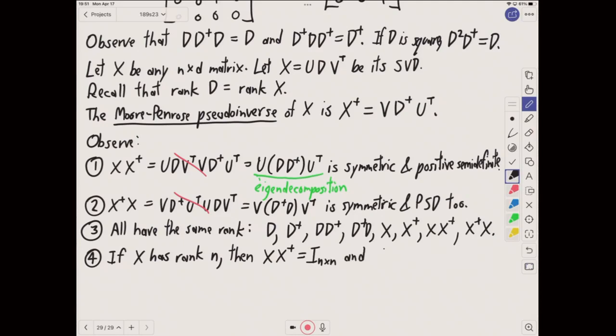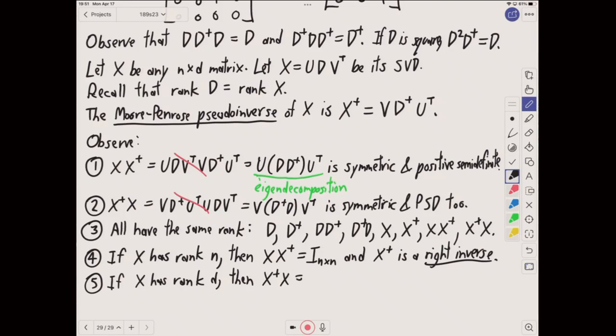And so in that case, it makes sense to call X plus a right inverse of X. Symmetrically, if the rank of X is d, then X pseudo-inverse times X is also going to be an identity matrix. And so it makes sense to call X pseudo-inverse a left inverse of X.